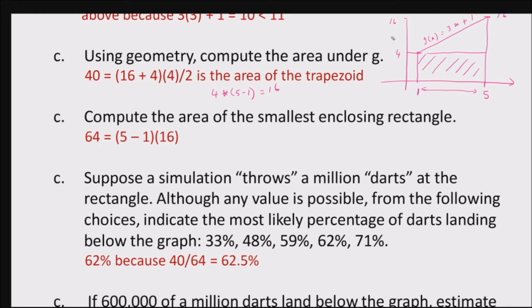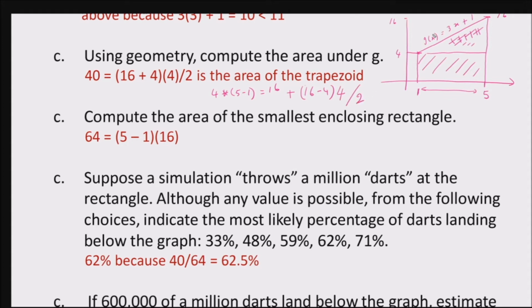So now I have to calculate this area. How much is this area? Right. So what is this area? Well, that area will be nothing but the height from here to here, which is 16 minus 4, right? And multiply by the value from here to here, which is 4, and divide this by 2.